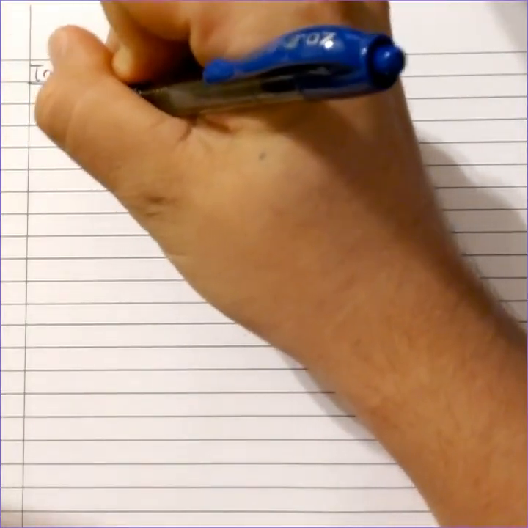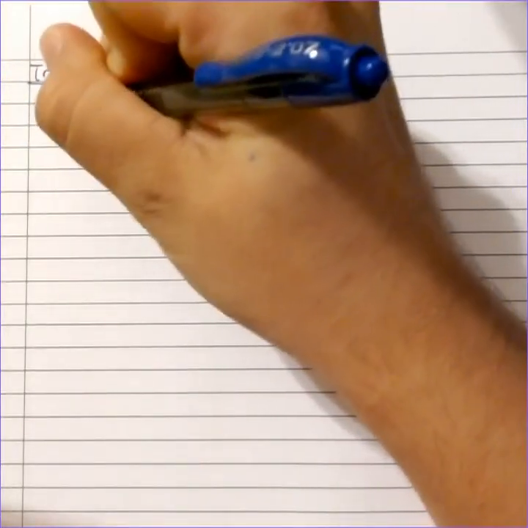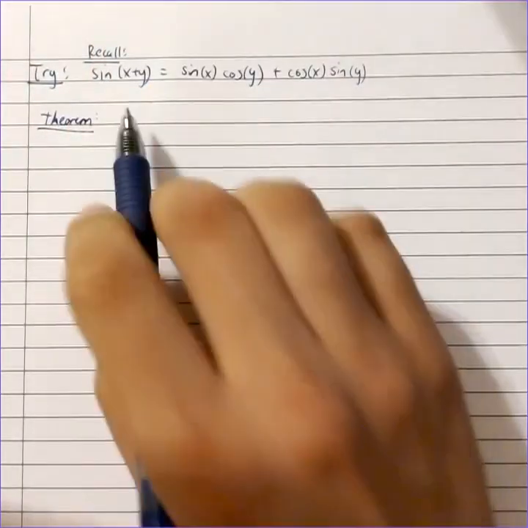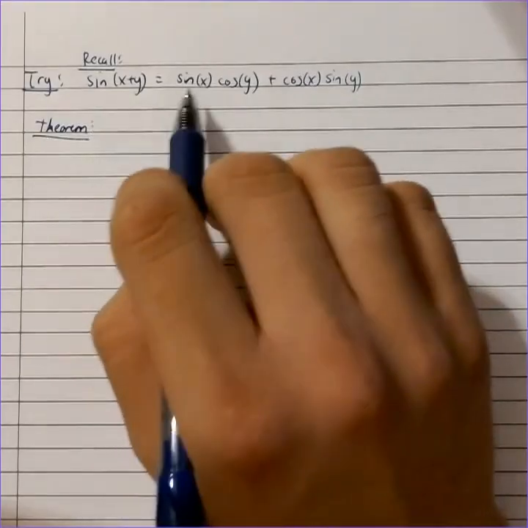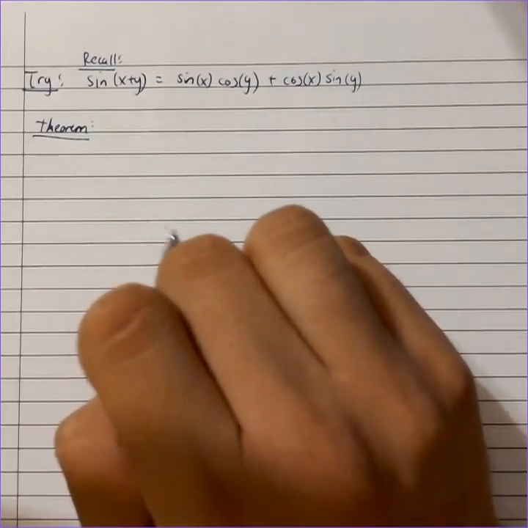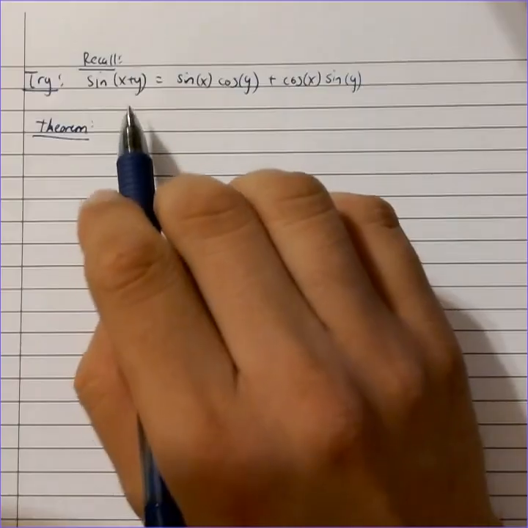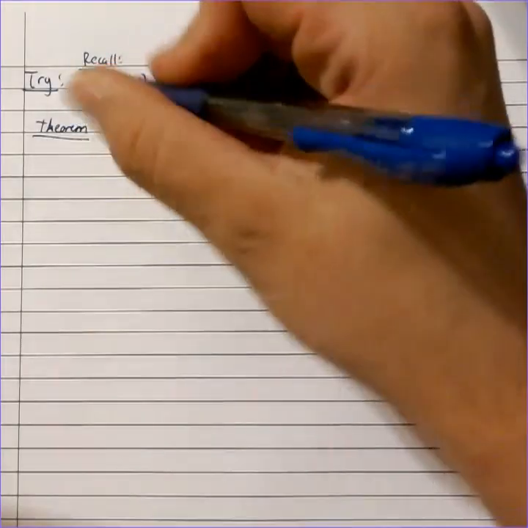And again, I'll call this a theorem. It's not really a very important theorem, and it's not central to what we're studying, but it is going to elucidate some of the properties of these hyperbolic functions as exponentials.